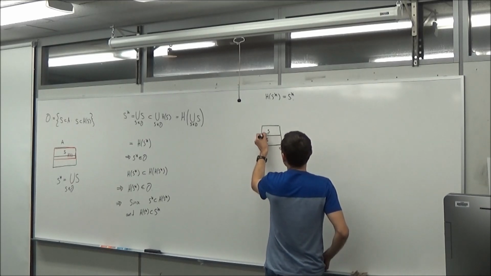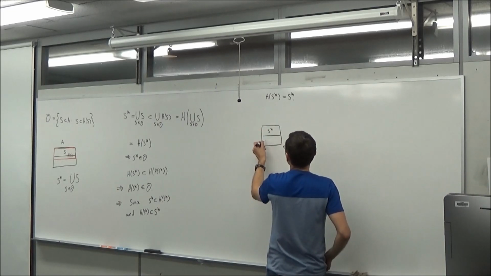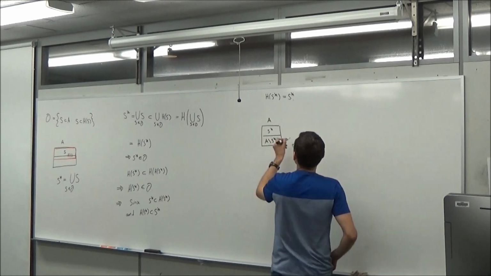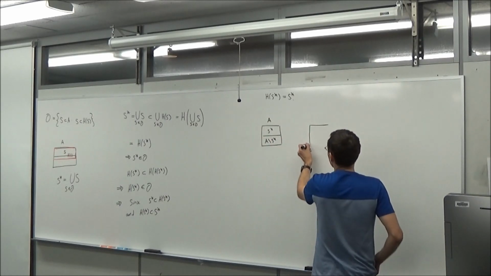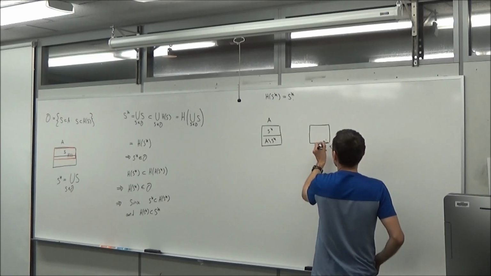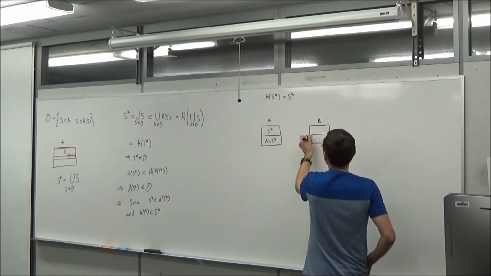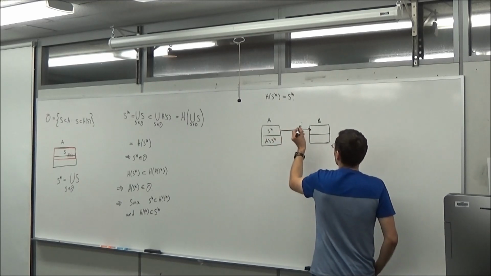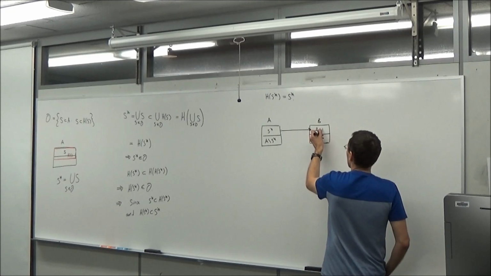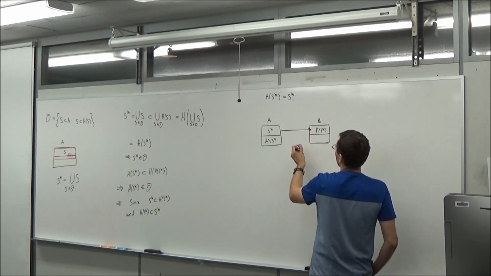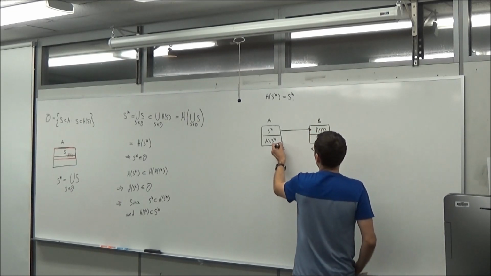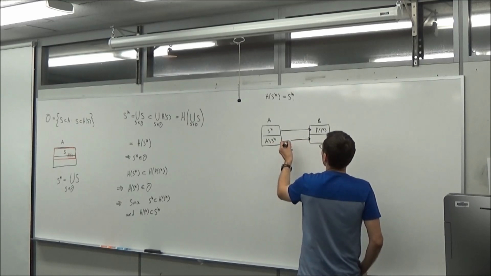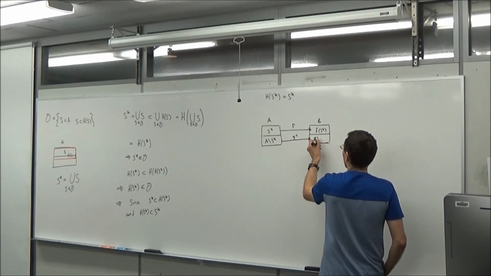This part will be S star, and this part will be A throw away S star, and this is B. So the image of S star will go in here, that will be F S star, and then the image from here, so this is F and this is G inverse, will be B throw away F S star.